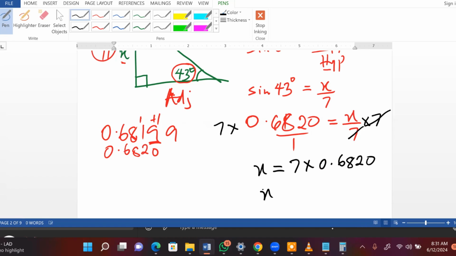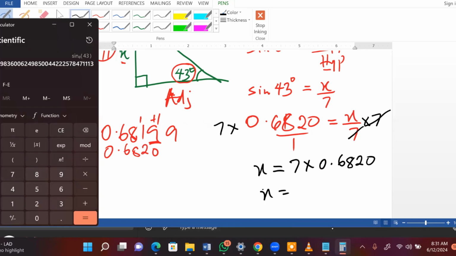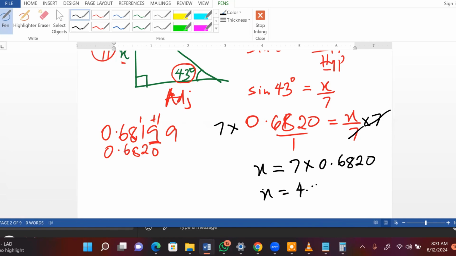We go back to the calculator, 7 times 0.6820. That gives us 4.774. So approximately x is equal to 4.8 centimeters.